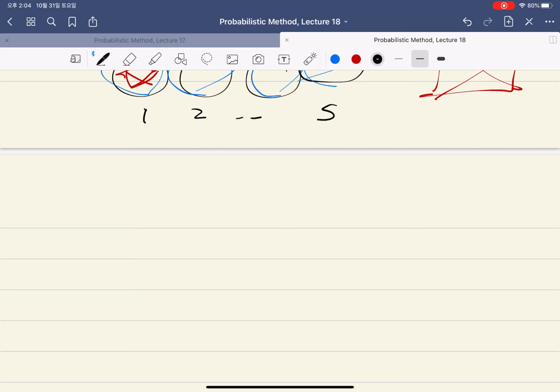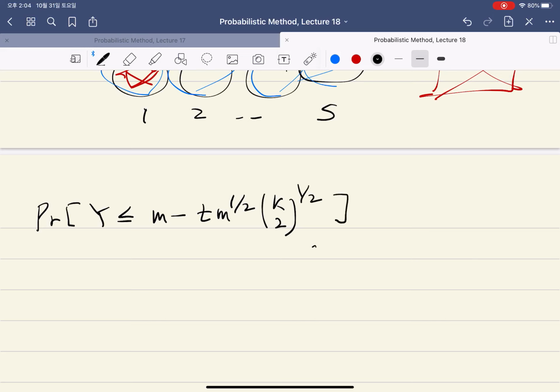So by the Talagrand inequality, the probability that Y is smaller than m minus t times m to the half times k choose 2 to the half is smaller than e to the minus t squared over 4 times one over the probability that Y is bigger than or equal to m, which is again at most 2. So we get this.